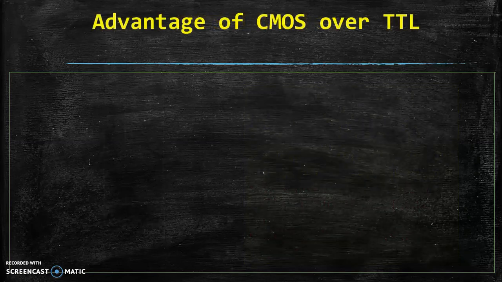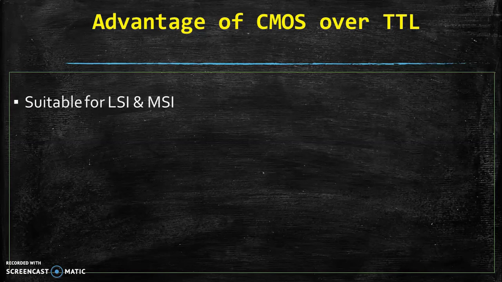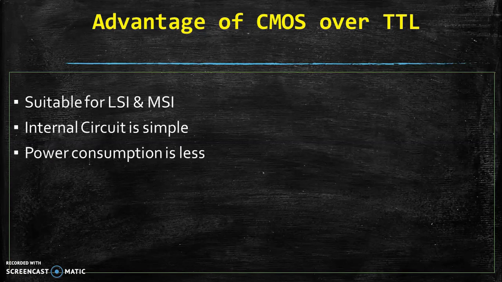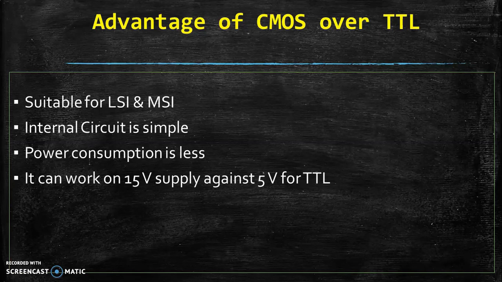Advantages of CMOS over TTL, that is transistor transistor logic. CMOS is suitable for large scale as well as medium scale integration in ICs. The internal circuit is quite simple. Power consumption is less. It can work on a 15 volt supply against 5 volt for TTL.